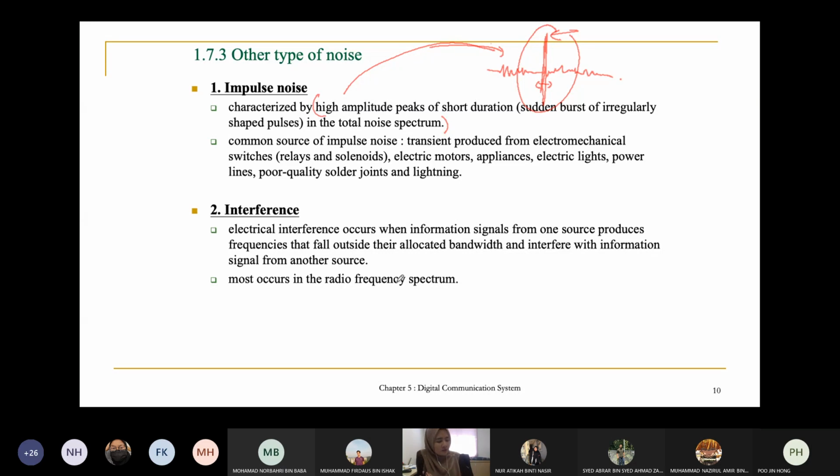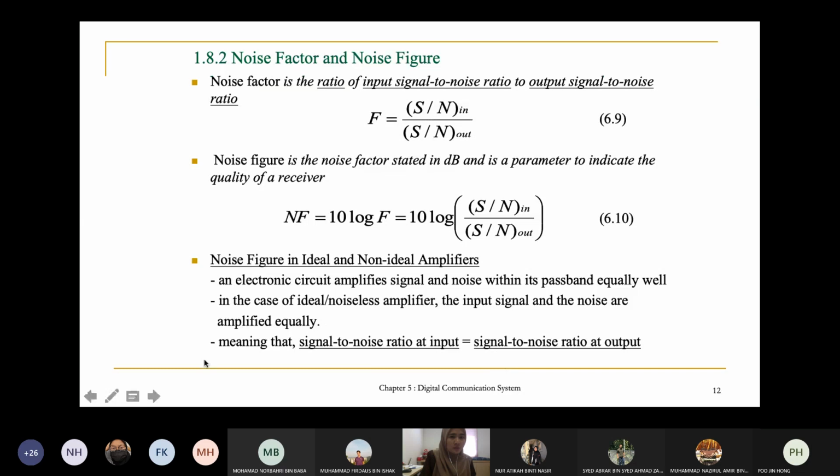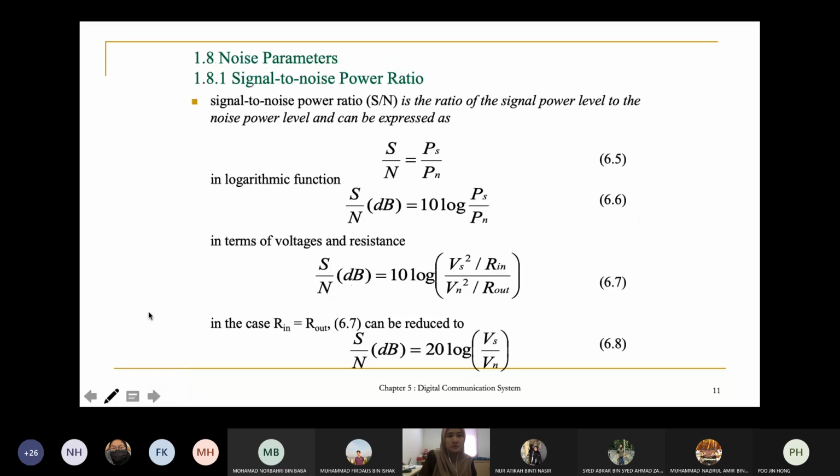Okay, so now let's look into the noise parameters. The first parameter that we will look into is the signal to noise power ratio. The signal to noise power ratio, or S over N here, is the ratio of the signal power level to the noise power level.